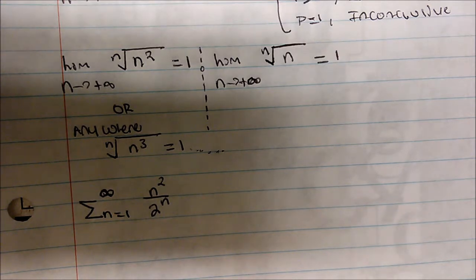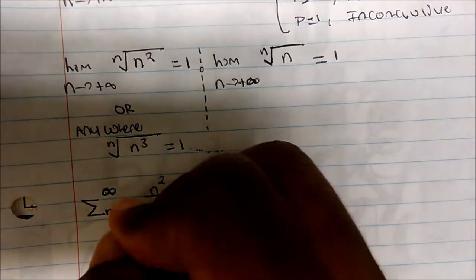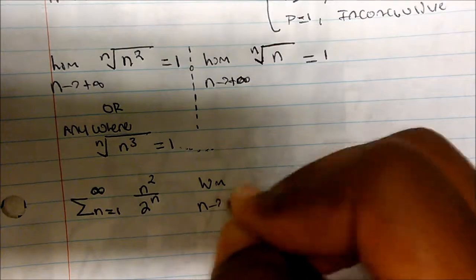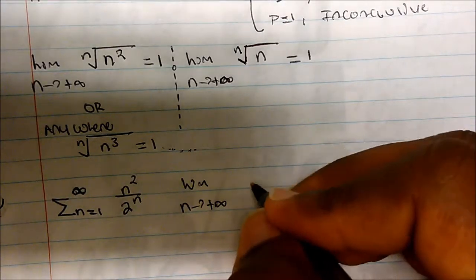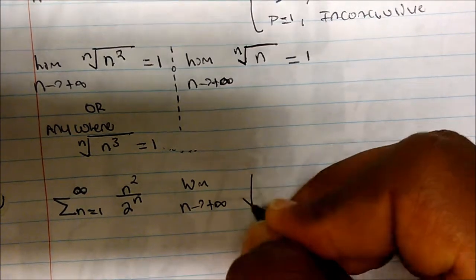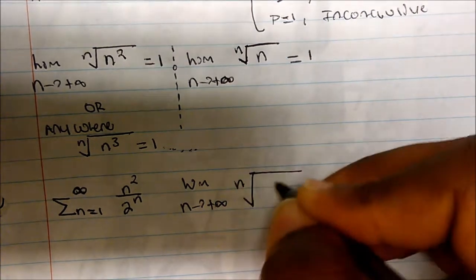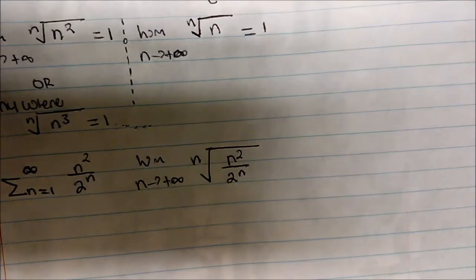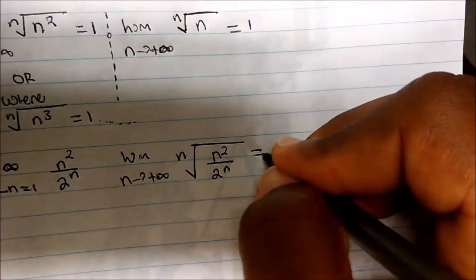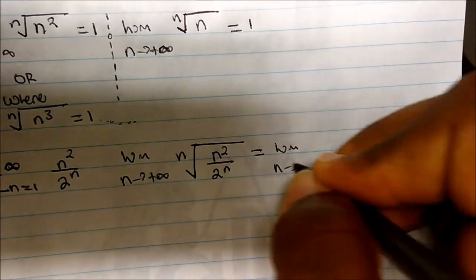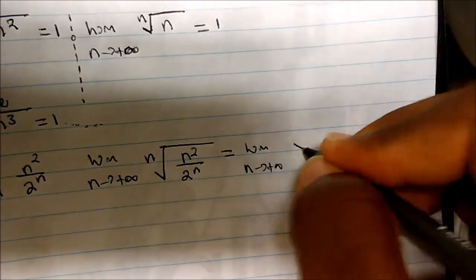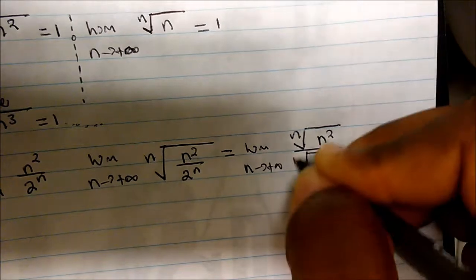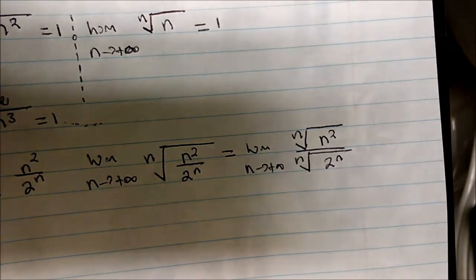But again, this is a root test, and so I'm going to take a limit as n goes to positive infinity of the nth root of the whole thing. So this is the nth root of n squared over 2 to the n. Because we're taking the nth root, we could also rewrite this as the limit as n goes to positive infinity of the nth root of n squared divided by the nth root of 2 to the n.